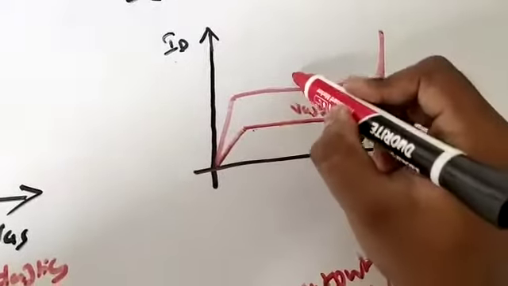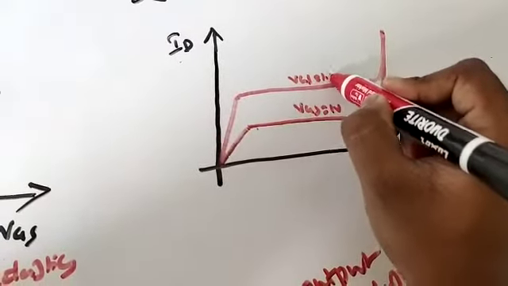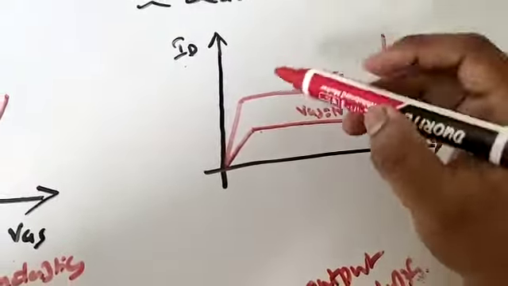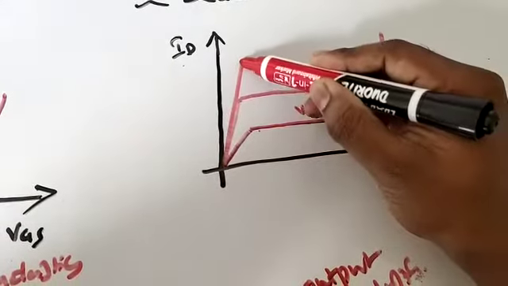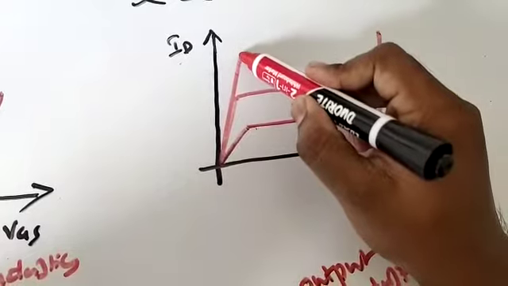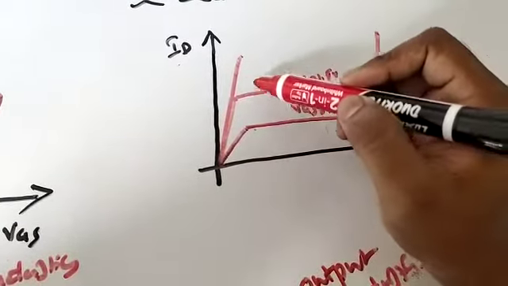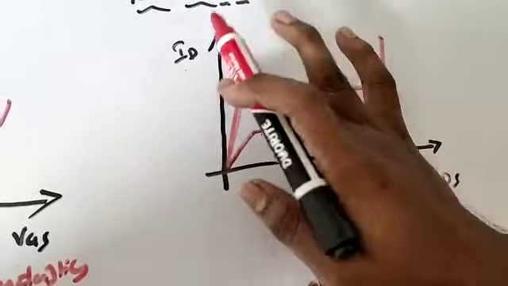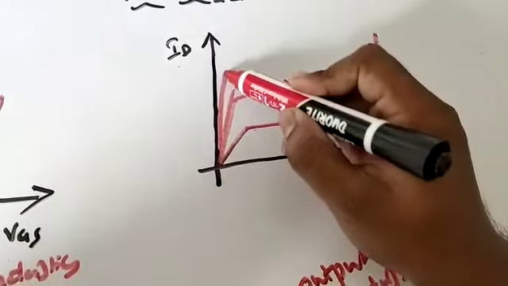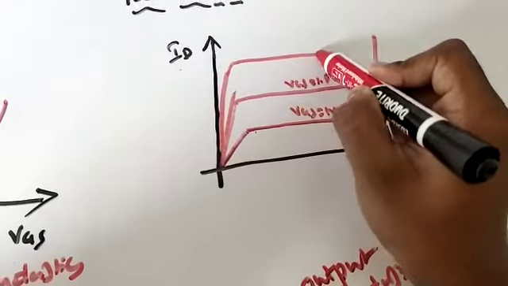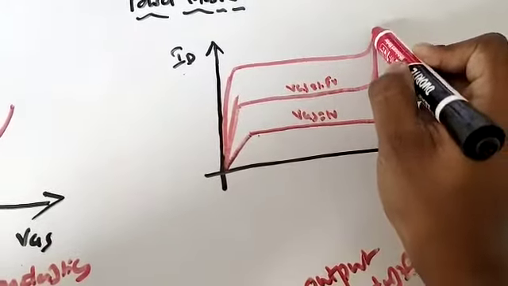And similarly, if this is for VGS equal to 1.5 volt, let me suppose 1.5. So now I am going to increase the VGS furthermore. If it is VGS equal to 1.2, the drain current used to increase very high like this, and finally it rises like this, right?